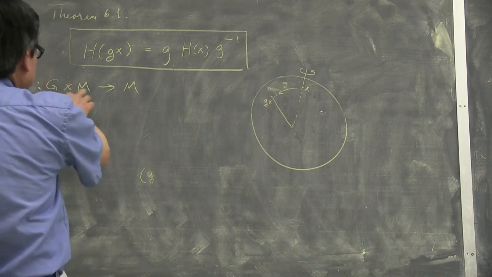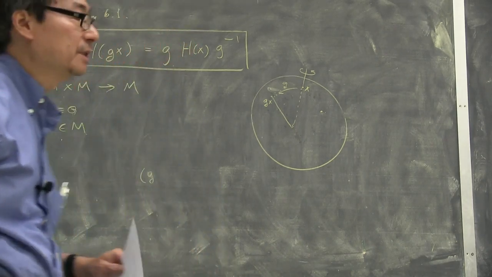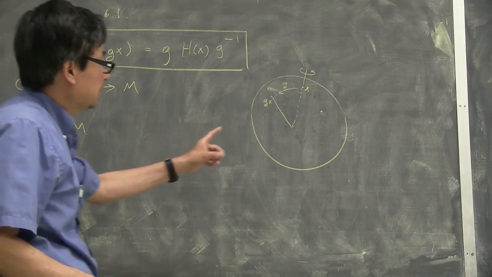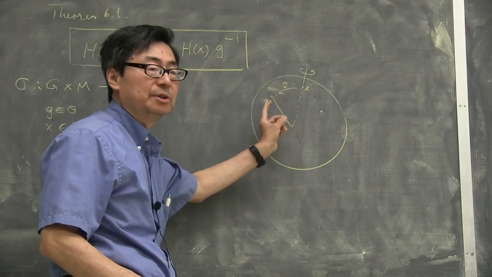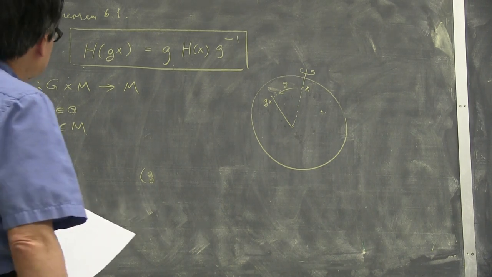Remember, corresponding to each x in M, I can define a particular isotropy subgroup. So here we have two different isotropy subgroups corresponding to two different points in M, and this theorem tells you how the two isotropy groups are related to each other.